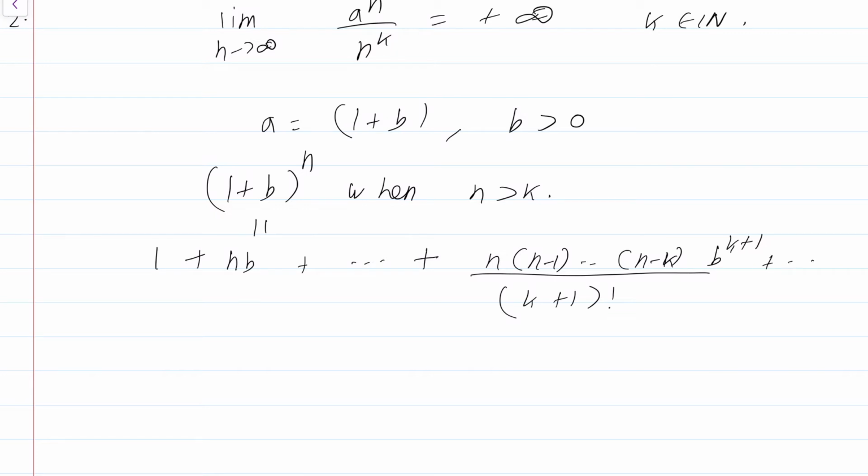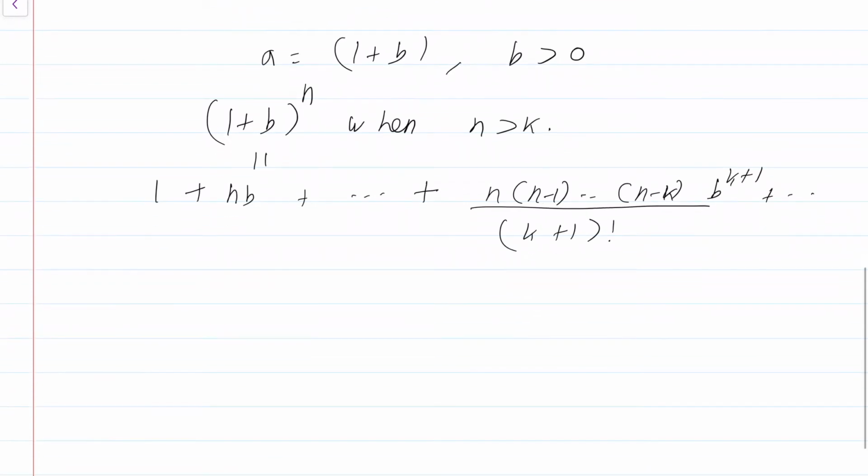So I focus on this particular term which has b^{k+1} in it. Okay, so this is what (1 plus b)^n will be when n is greater than k. Now I have to divide this by n^k.